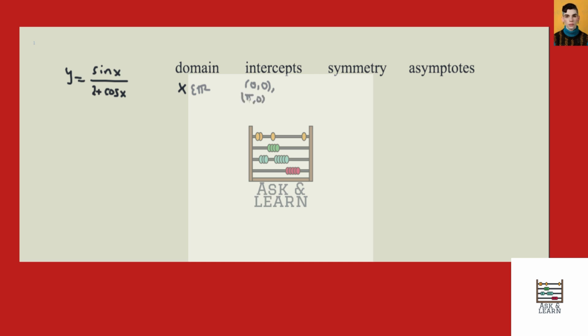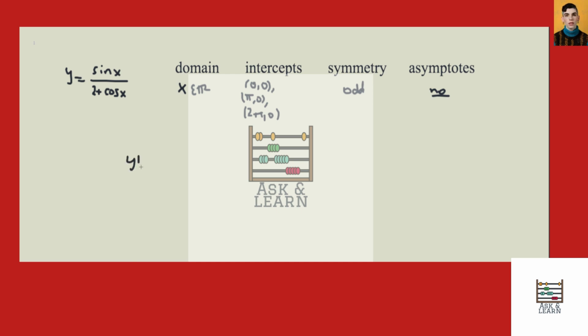And then we have 2 pi, 0. And the pattern continues: 3 pi, 0, etc. Symmetry is odd. There are no asymptotes. All right, and now let's take a look at increasing and decreasing intervals.